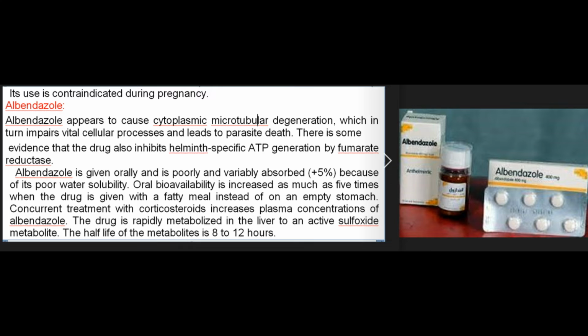Oral bioavailability is increased as much as 5 times when the drug is given with a fatty meal instead of on an empty stomach. Concurrent treatment with corticosteroids increases plasma concentrations of albendazole. The drug is rapidly metabolized in the liver to an active sulfoxide metabolite. The half-life of the metabolites is 8 to 12 hours.